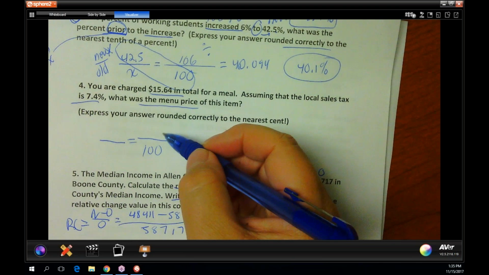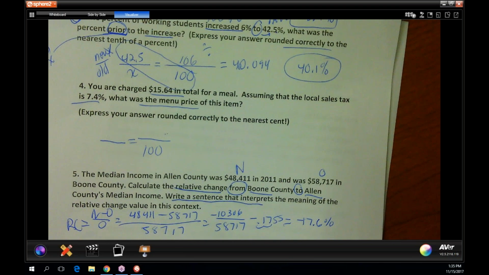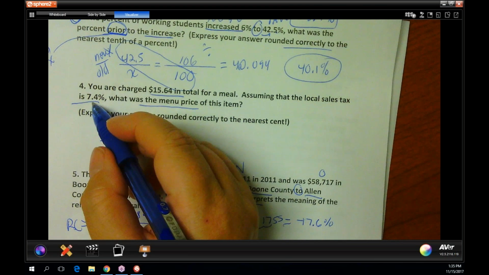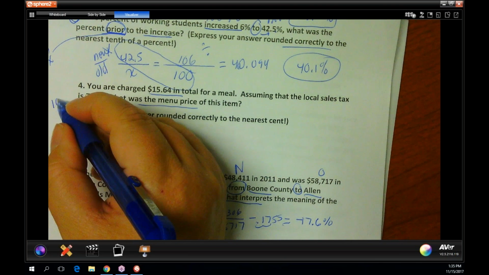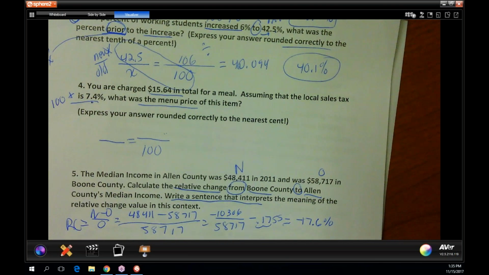Okay, what goes right here? Do we pay a tax or do they give us the money back? We pay it.